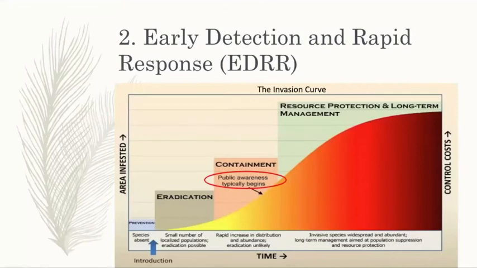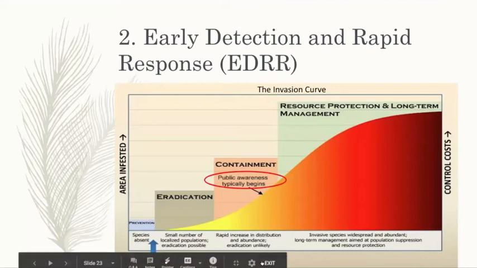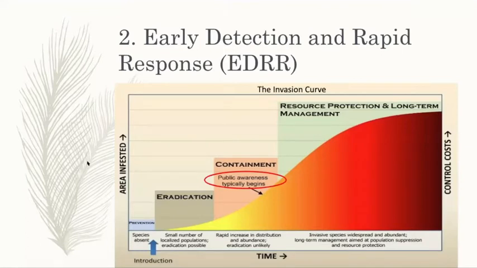Okay, so if we can't prevent an invasive species from coming in through brushing our boots and cleaning materials and all that, and obviously invasive species make it in anyway all the time despite prevention efforts, we move to a stage of what we call early detection and rapid response, or EDRR, where we hope we can catch invasive species early enough that we can eradicate them.